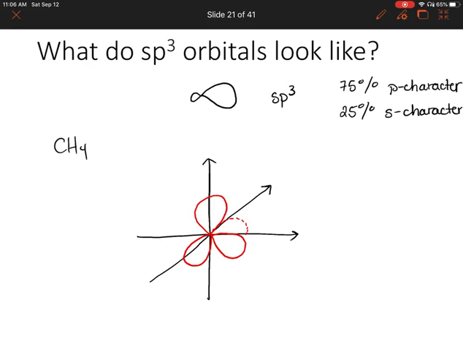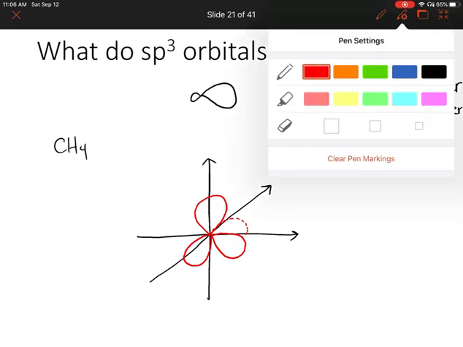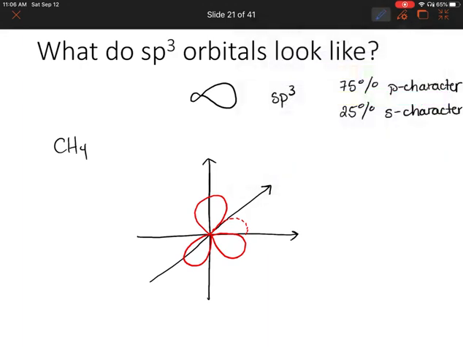So 2 of those orbitals are in the plane of the paper, and then 2 are going back and forth. One's going behind, one's coming out towards us. And then we also have 4 unpaired electrons. So I'll just draw some unpaired electrons in each of these sp3 orbitals.